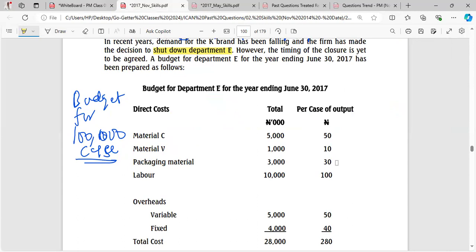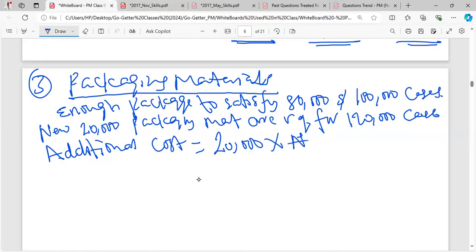So this is 30 naira per case, and they said no price changes has been associated. So this is times 30 naira. So 3 times 2 is 6, and the zeros, that is 600,000. So this is 600,000. Now to buy new cases for the 120 is 600,000.